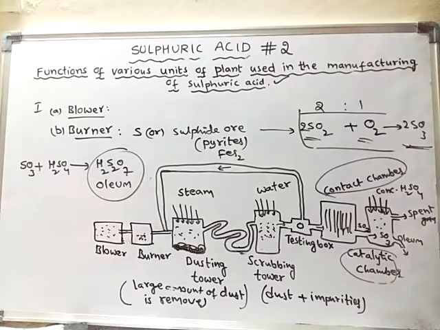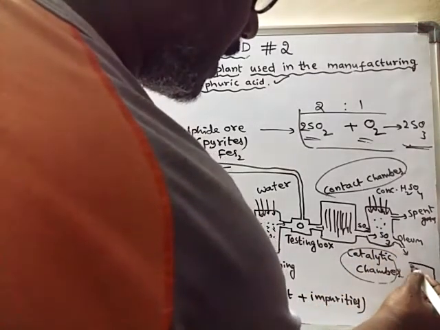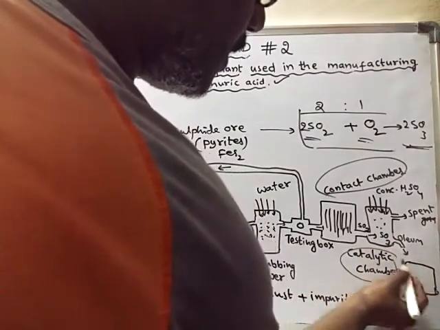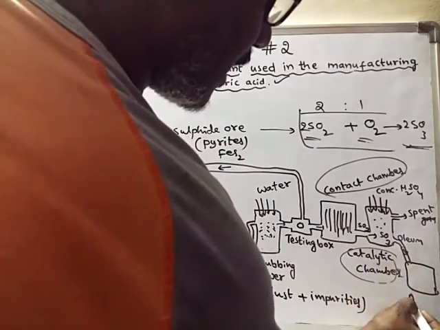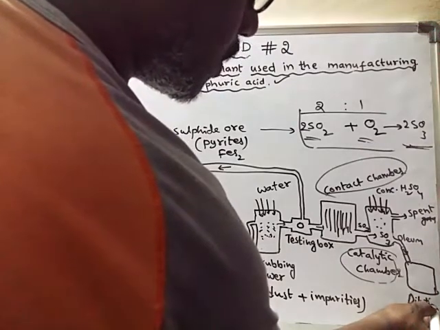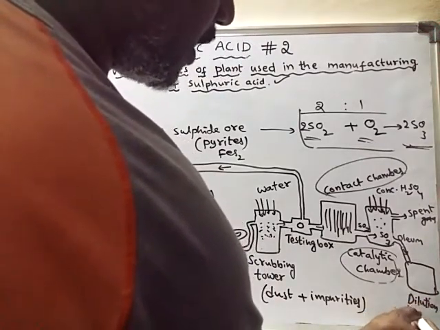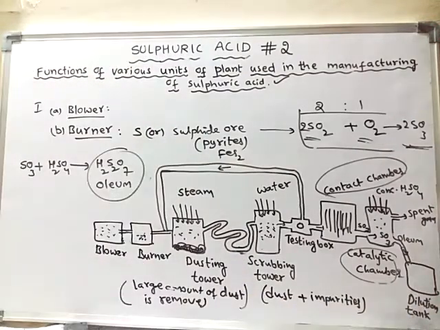Now this will lead to another tank. The oleum is allowed to fall into another tank known as the dilution tank. Oleum will finally enter the dilution tank.